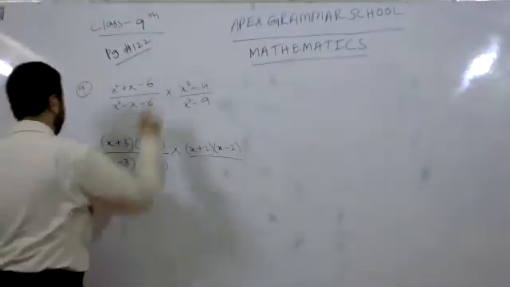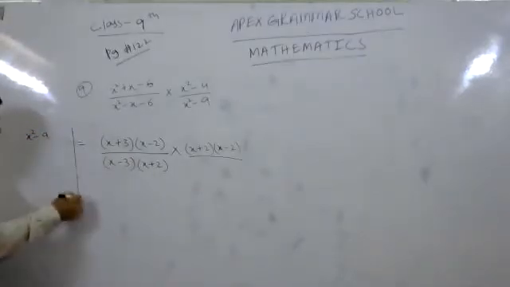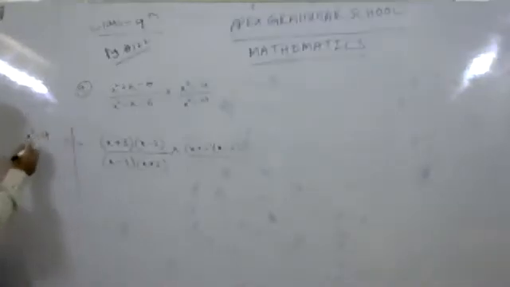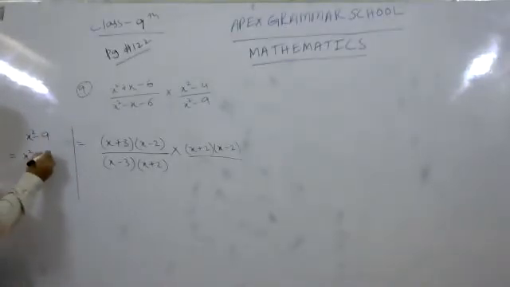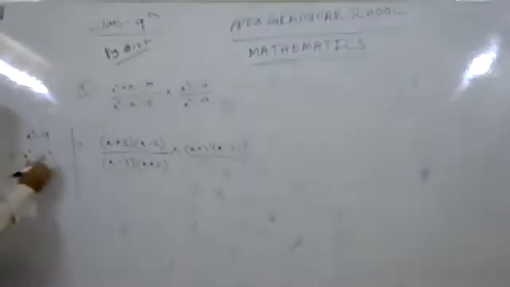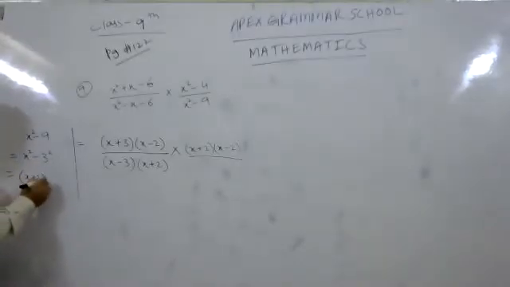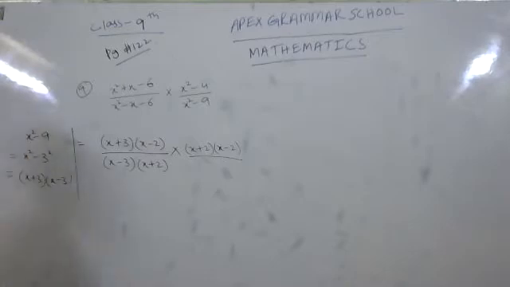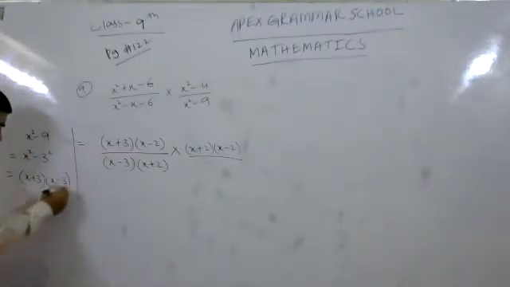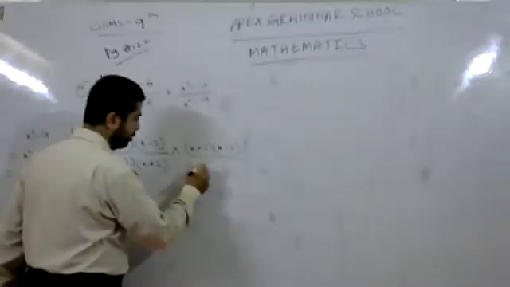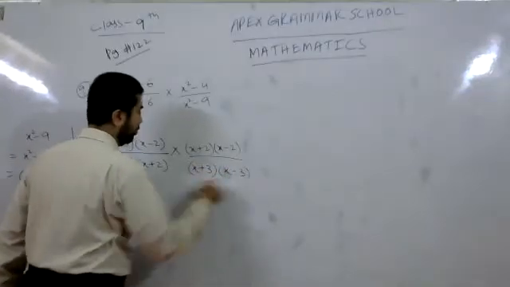You can write it as x square minus 9, and 9 is also the square of 3. This is again a square minus b square, so x plus 3 into x minus 3. I hope you can easily watch this. So instead of writing x square minus 9, we need to write x plus 3 into x minus 3. I hope you got this.